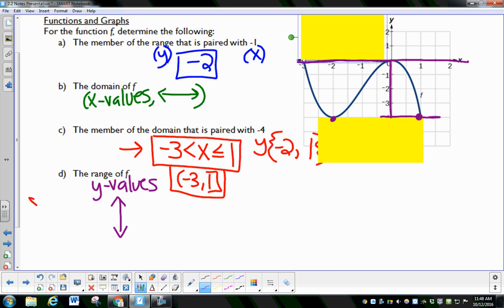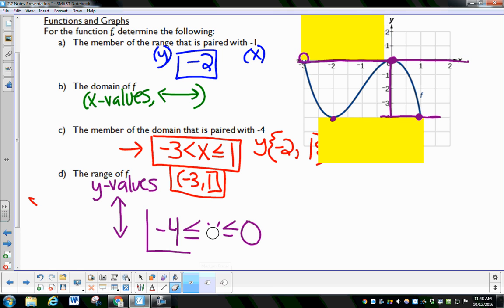Now you might think it doesn't hit 0 because there's an open circle right there, but it does hit 0 right there. There's no circle, but the graph still hits it. So it goes from -4 all the way up to 0. So our range is from -4, it hits -4, and it's all the way up to 0, which it also hits. So x is greater than or equal to -4 and less than or equal to 0.